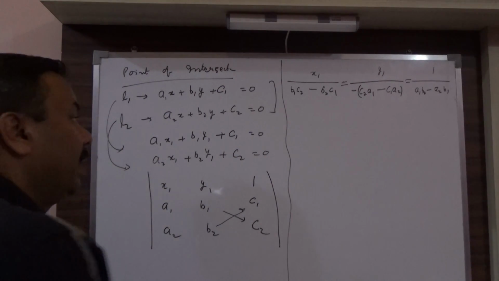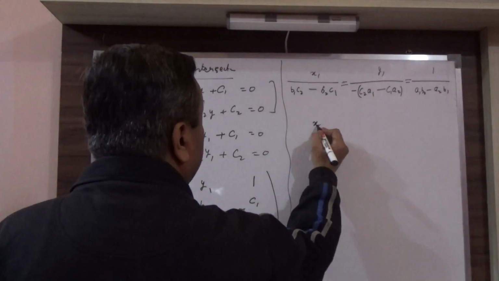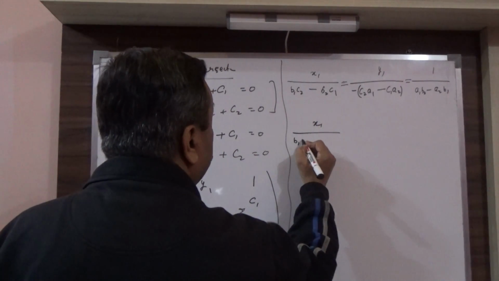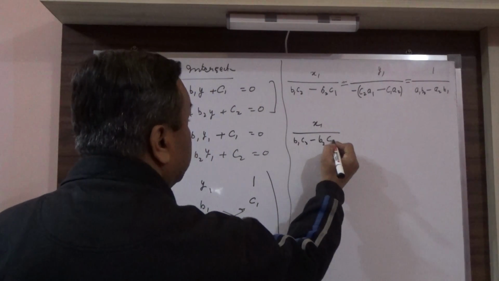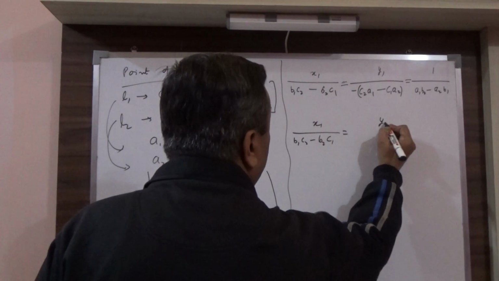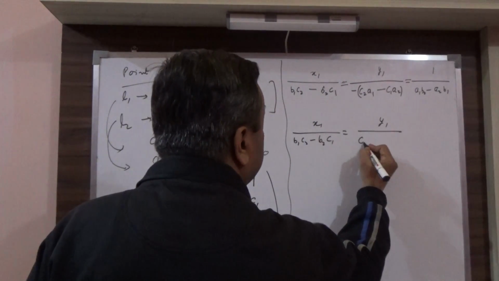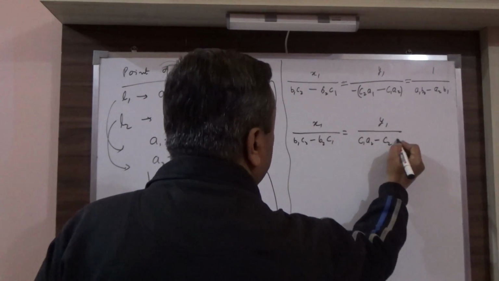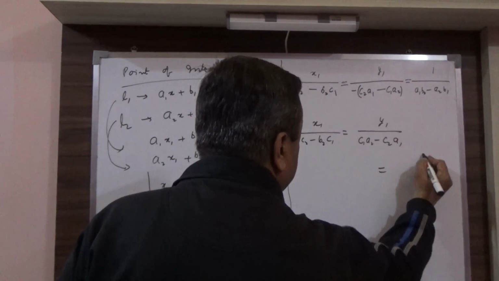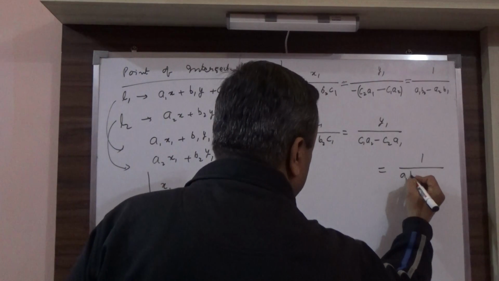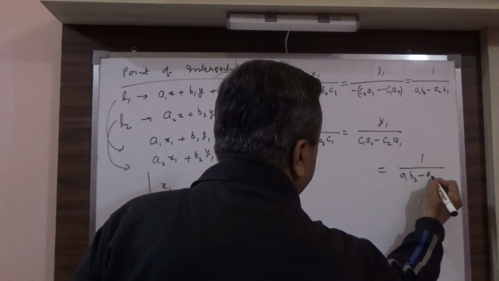So I can write it in another way, that is x1 over b1 c2 minus b2 c1 is equal to y1 over c1 a2 minus c2 a1, and that is equal to 1 by a1 b2 minus a2 b1.